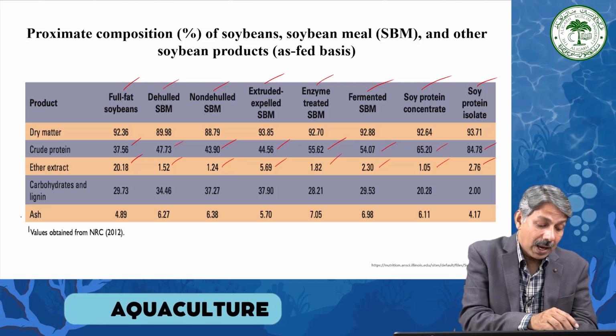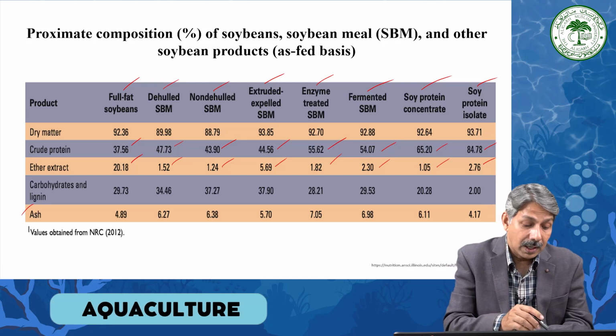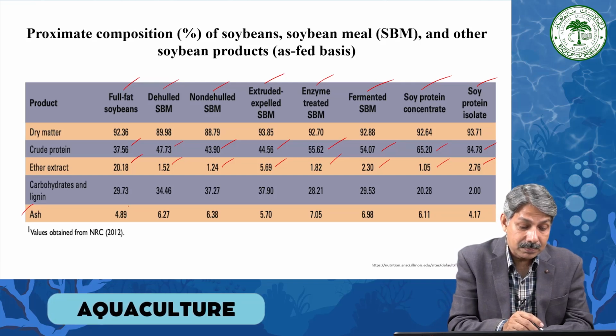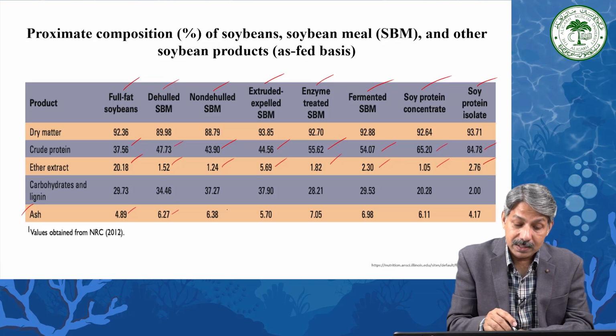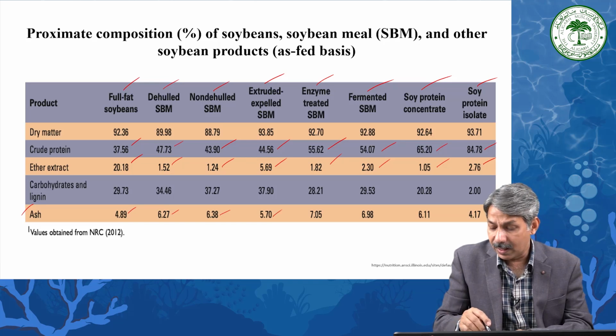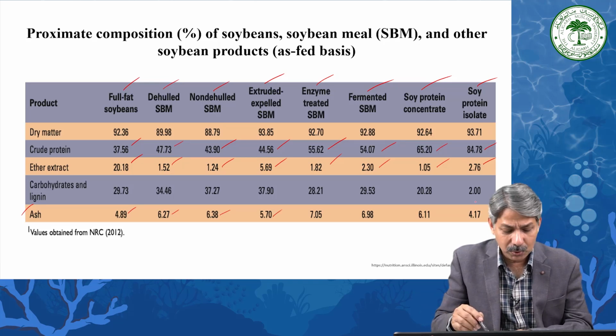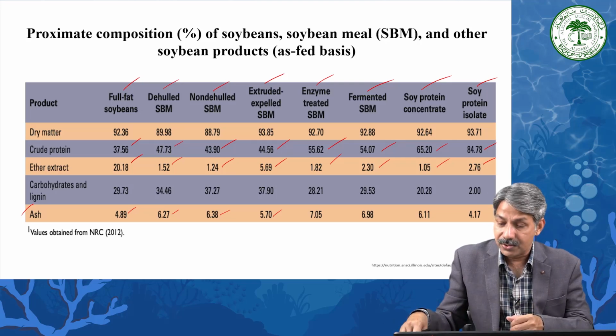Now come to ash, which is representing the mineral portion, and here full fat soybean is having 4.89, dehulled soybean meal 6.27, non-dehulled 6.38, extruded expelled soybean meal 5.7, and likewise almost similar or very close values are there for ash content.